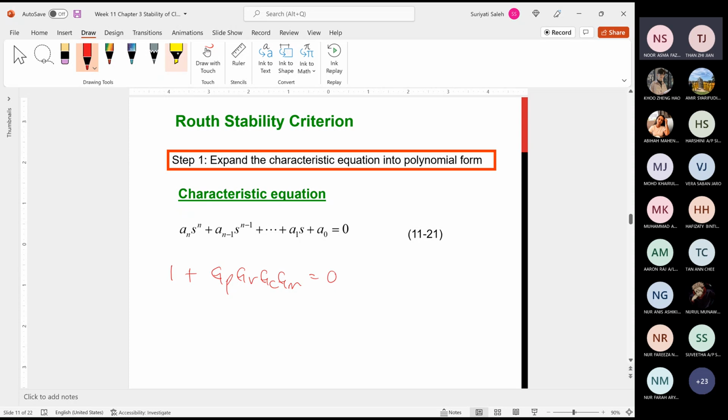You need to substitute the GP, GV, GC, GM, and then try to expand it and rearrange it into polynomial form. Polynomial means in this case you arrange the terms according to the power of S. Sometimes you will have S to the power of 3. You rearrange it as S cubed, S squared, S to the power of 1, and so on. This is what is meant by the polynomial form.